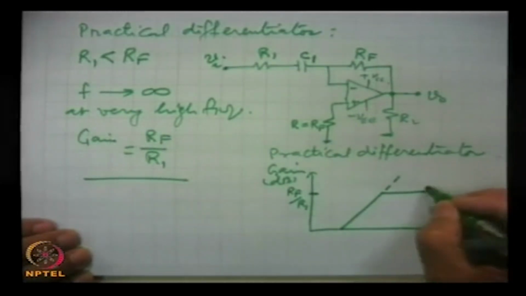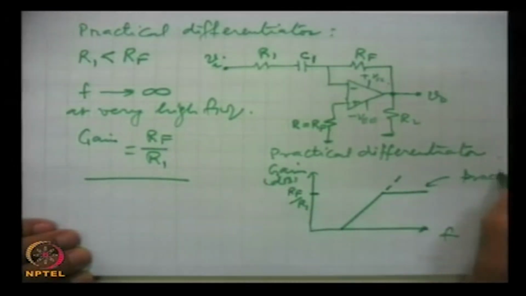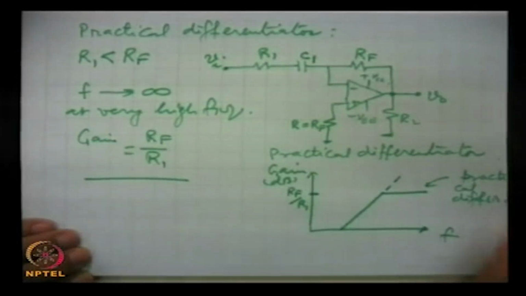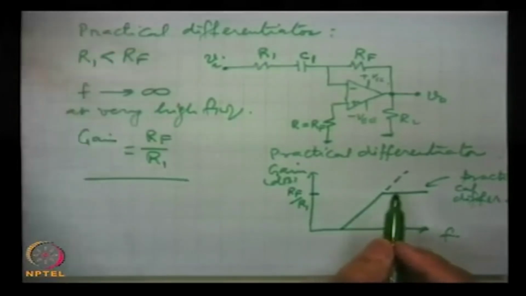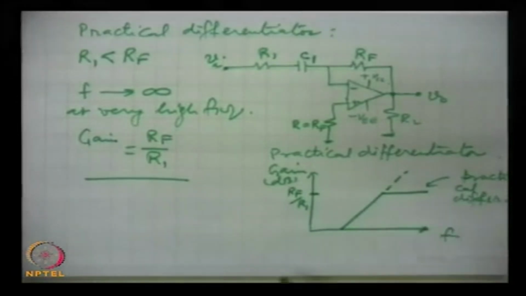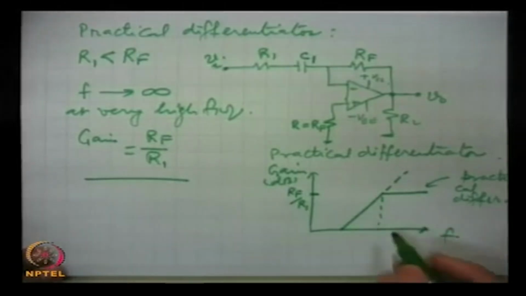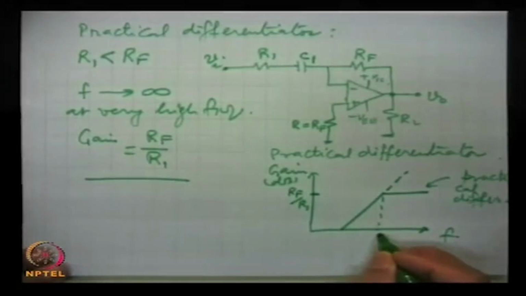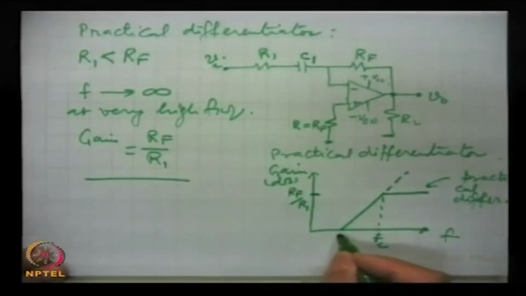So this is the response of a practical differentiator. This was for the ideal one. This is for the basic one, which we have shown, the basic differentiator, and this is the practical differentiator. And here this frequency is F2 or Fc, we can say, and this is F1.